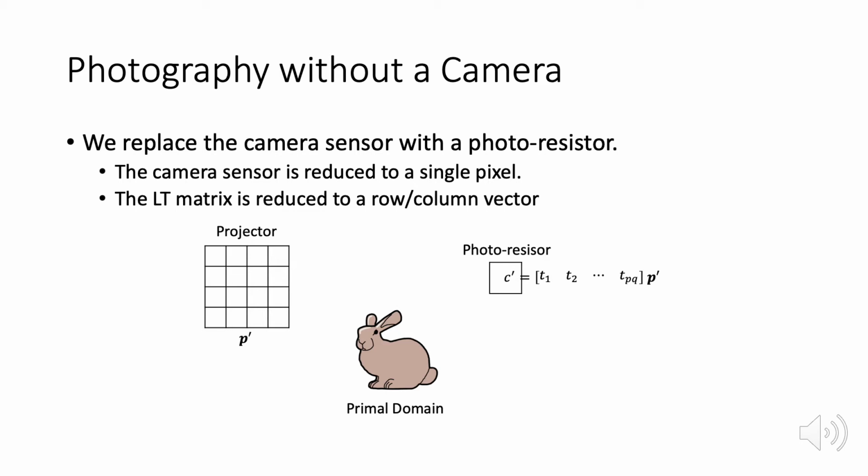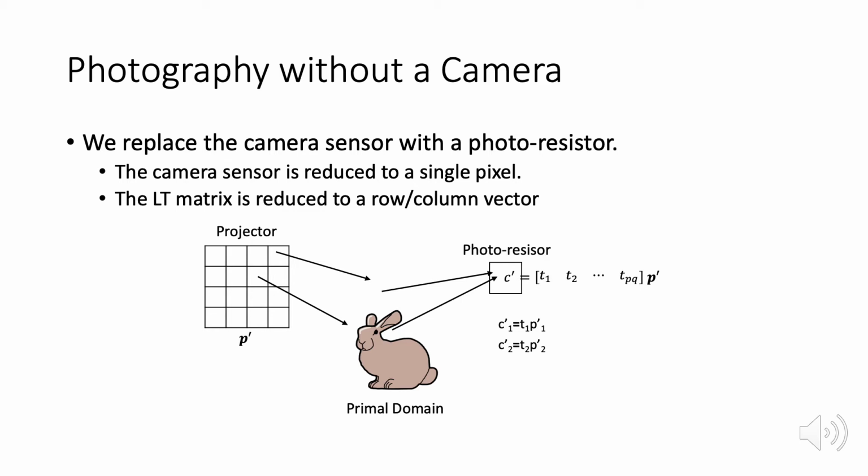Here's an example. Suppose we emit an irradiance P'1 to the scene and we get the response C'1 through the photoresistor. Then we can resolve T1 through this equation, and we can emit another irradiance to the scene and get another response through the photoresistor.